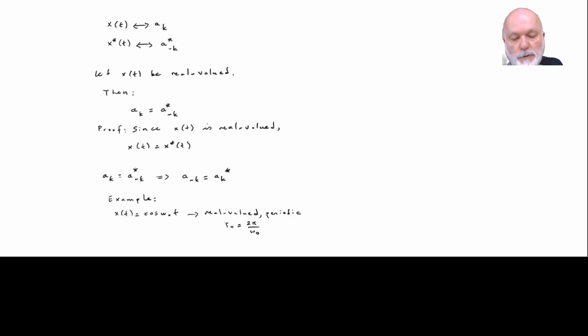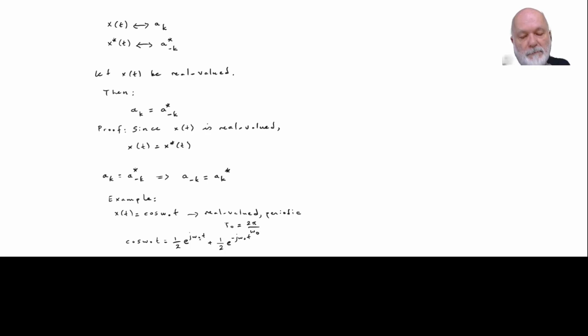But we also know that cosine omega 0 t can be written as 1 over 2 e to the j omega 0 t plus 1 over 2 e to the minus j omega 0 t. So cosine omega 0 t has this Fourier series representation, which is a finite sum composed of only two terms.